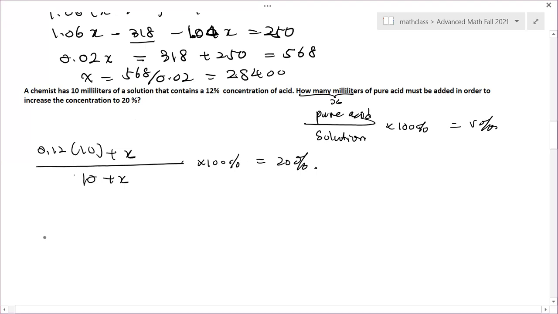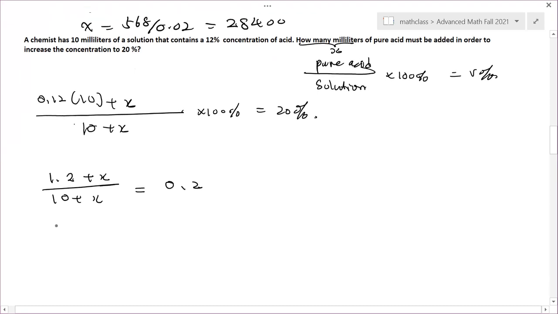Let's simplify a little bit. You can get 1.2 plus X over 10 plus X, and divide both sides by 100%, that's 0.2. Then you multiply it out, and it's going to be 2 plus 0.2x.